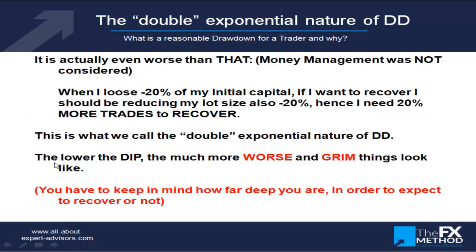Okay. So in all this, actually, and that's why I call it a double exponential factor. In all of this, we didn't consider the money management. We were only considering that we lose 20% of my capital and I'm still using the same bet size or lot size. I don't care whether you do spread betting in the UK or you are using lots like we do in mainland Europe.